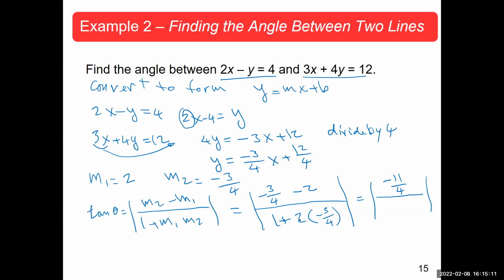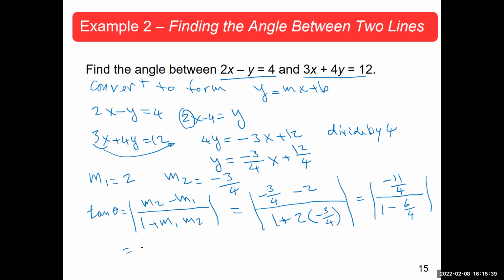Now here, 2 multiplied by 3 is negative 6 divided by 4. I'm going to get 1 minus 6 over 4. Well, 6/4 basically is 3/2.